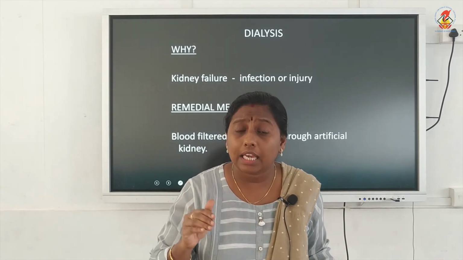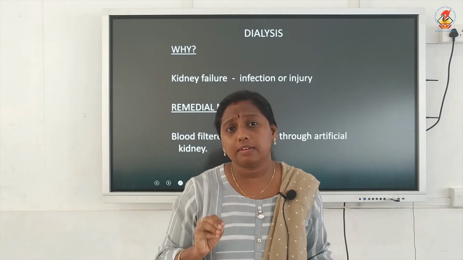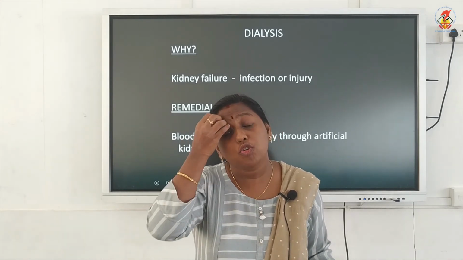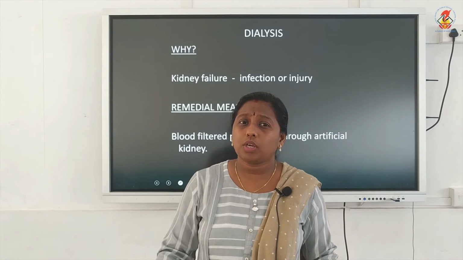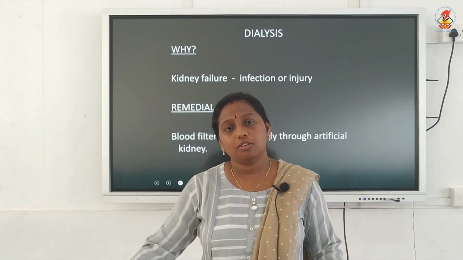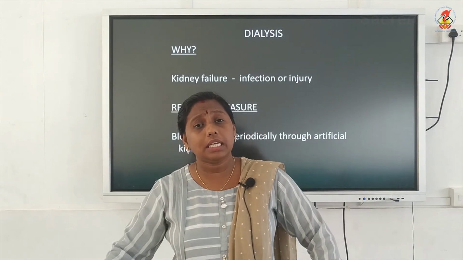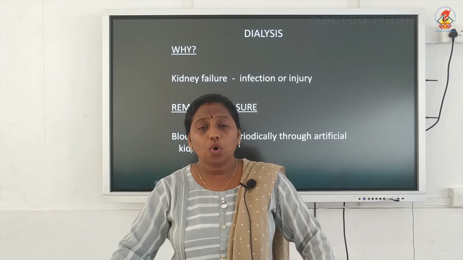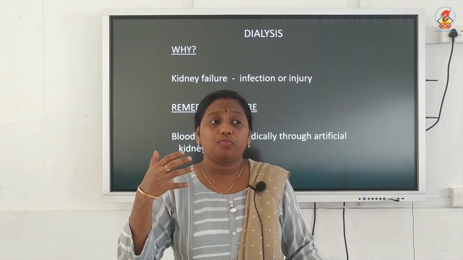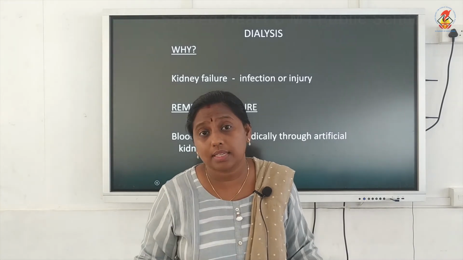If they get accumulated in our cells, it will cause serious problems. Hence, they have to be removed somehow. But in a person whose kidney is not functioning properly, these excretory wastes will get accumulated in the body. So, we have to find some remedial measures in order to remove this waste.